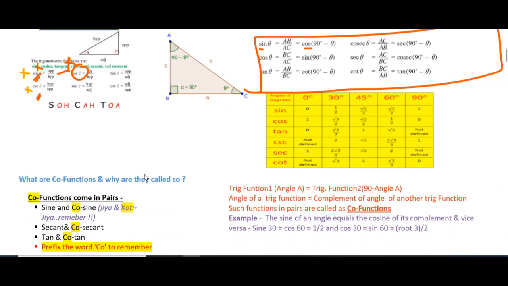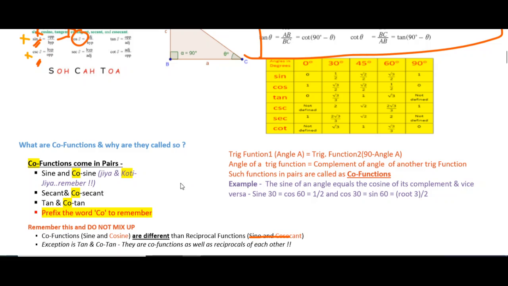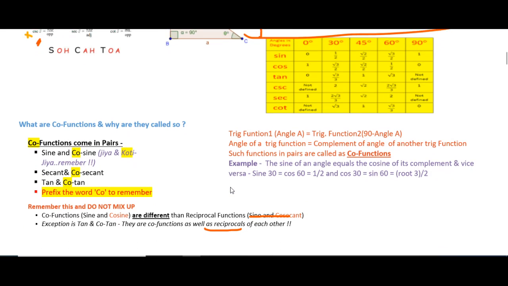Don't get confused between the reciprocal and the cofunctions, with the only exception that tan and cotan are both cofunctions, and also reciprocals of each other. If you switch the denominator and numerator, you can move into another function, and incidentally, they are also cofunctions. So just a side note there.